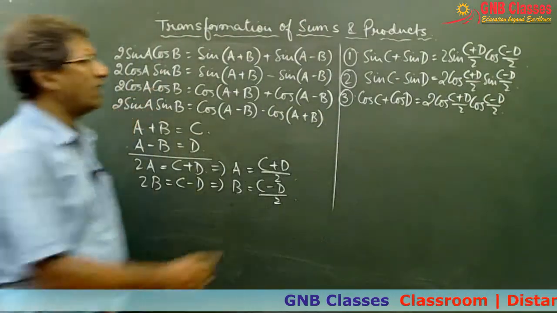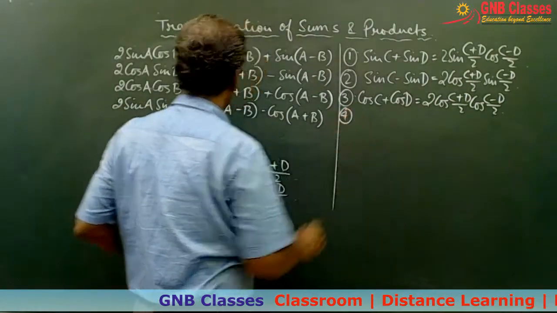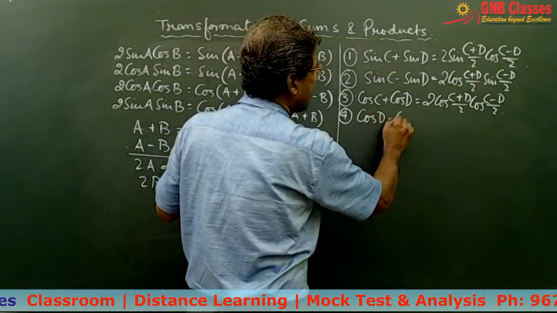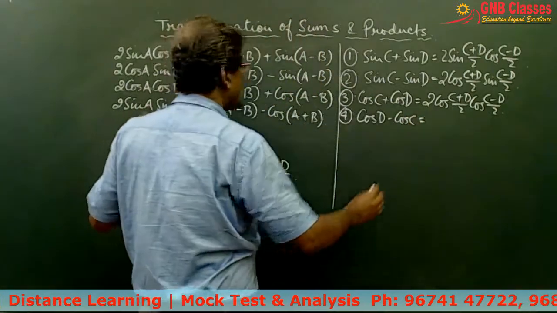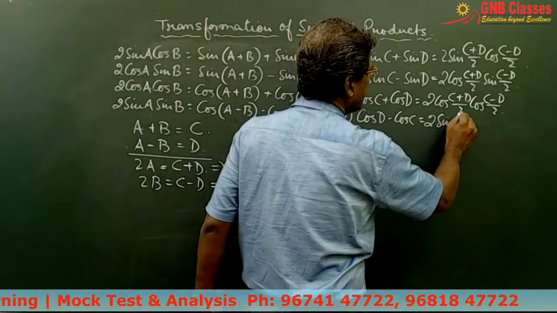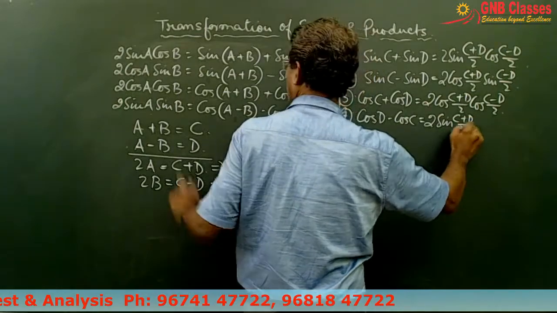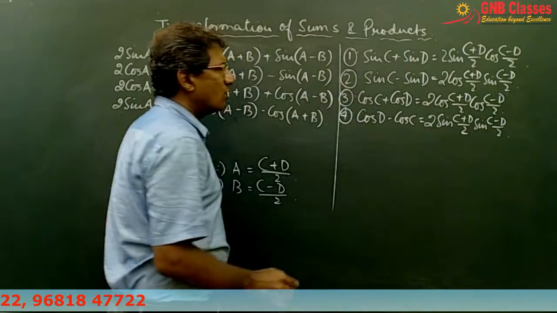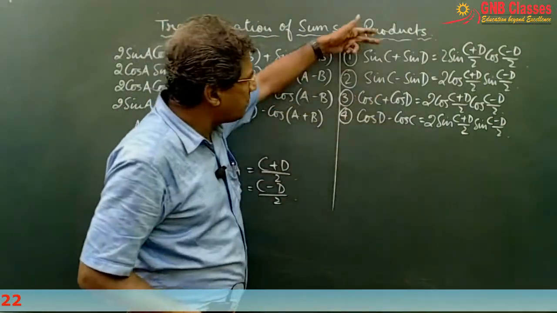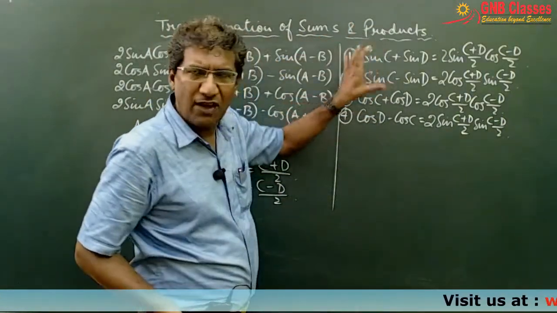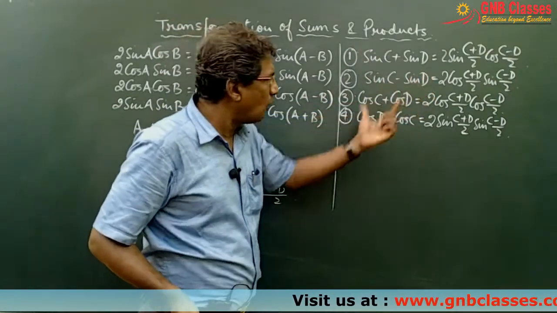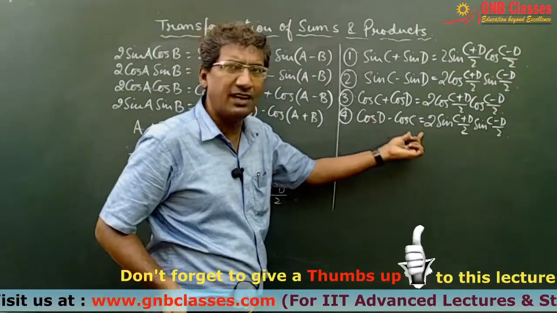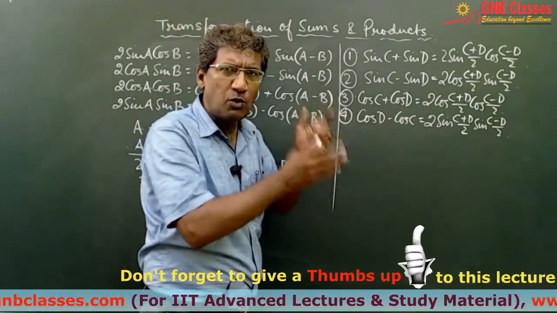And from the fourth one, we are going to get cos D minus cos C, which will give you 2 sine C plus D by 2 sine C minus D by 2, right? Now, you see, I want to make everywhere we are having C in the first position and D in the second position. Only in case of this fourth formula, we are getting D in the first position and C in the second position. So just I want to maintain that parity.